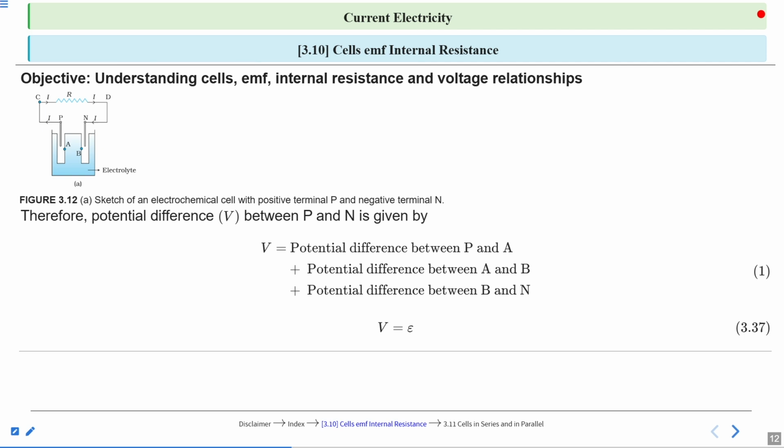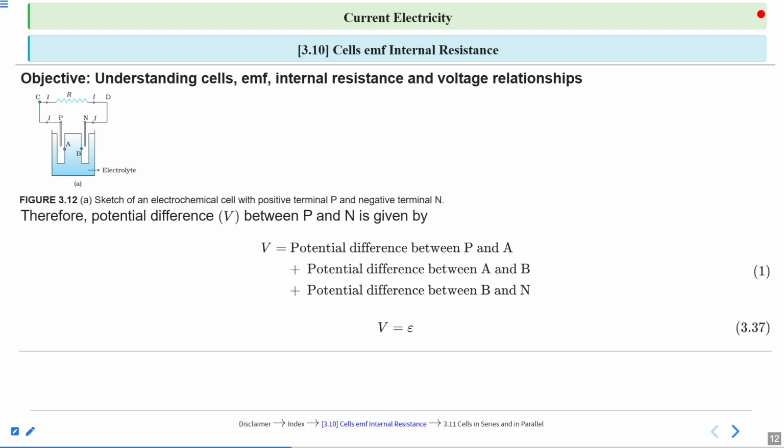Therefore, the potential difference V between point P and N is given by the following. We are going to calculate the potential difference between the two electrodes of the cell.